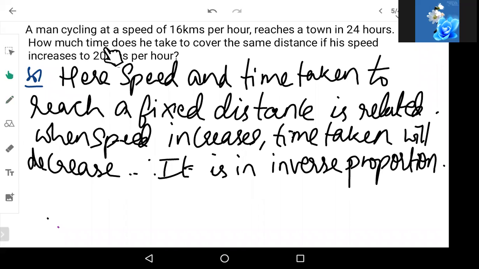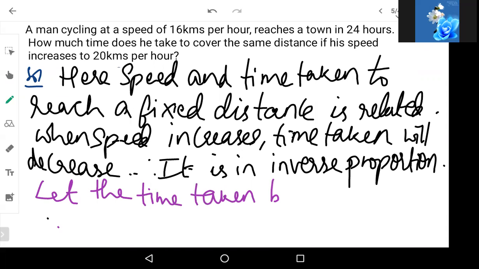How much time does he take? So we are supposed to find the time. So now let us assume the time taken to be x. After that, what information do we have? We have speed information, right?